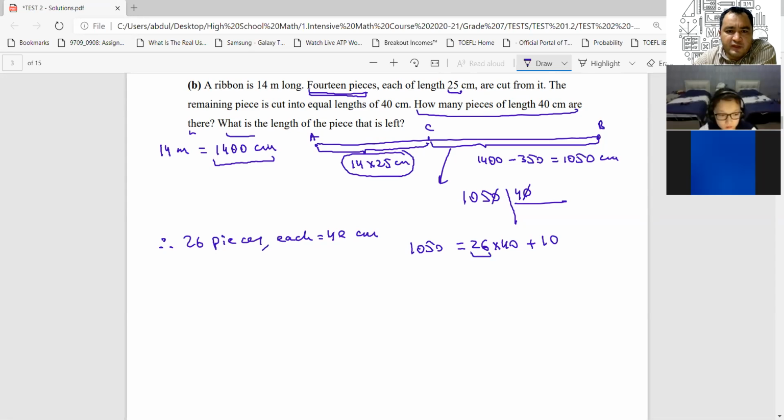And the question is, what is the length of the piece that is left? So the second part is, that is 10 centimeters left over, because that is less than 40. So if you cut out 26 pieces, each one 40 centimeters long, the remaining part will be 10 centimeters.